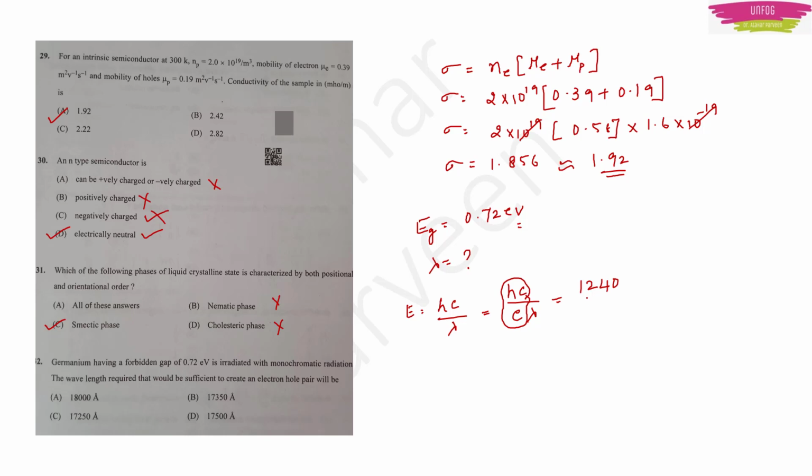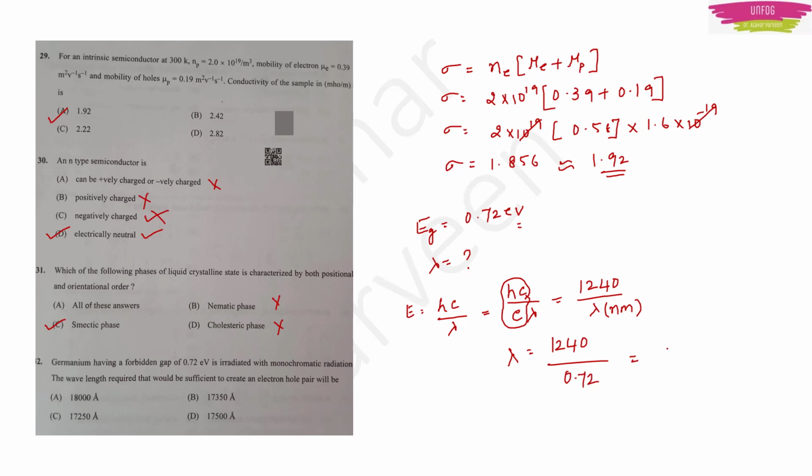It's better to remember this number. But in this condition, your wavelength will be in nanometers always. So energy will be equal to 1240 by wavelength. That only we have to find, isn't it? So here I get the wavelength, and energy given is 0.72.